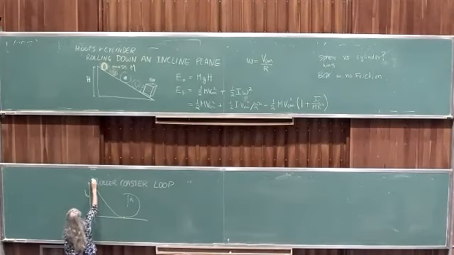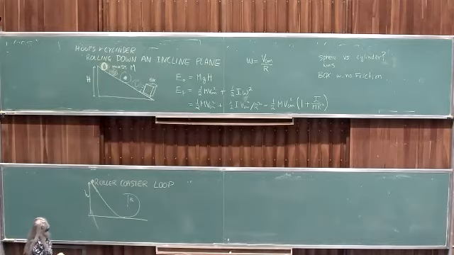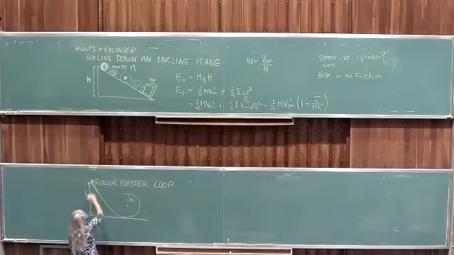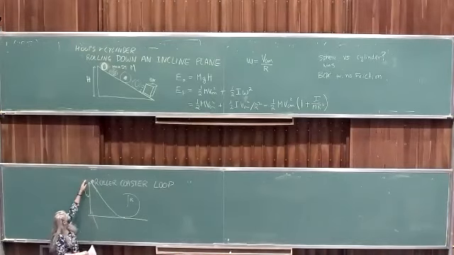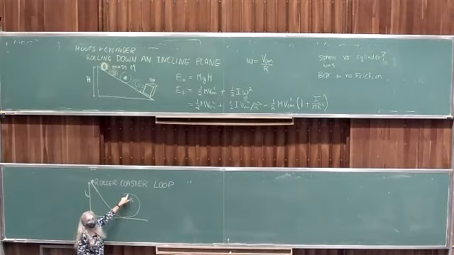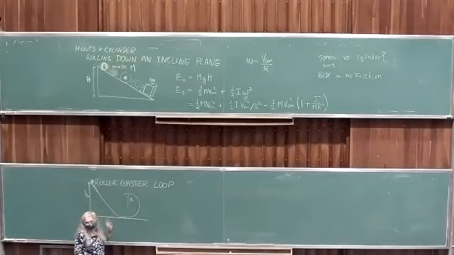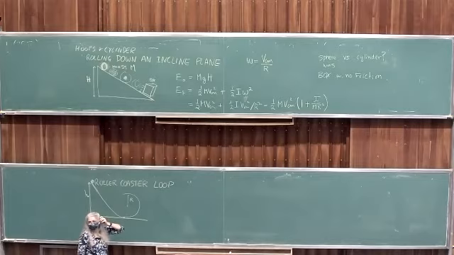And we start off with a ball up here, or a disc, could be either one. You let it roll down, and the question is, how high do you have to drop it? How high do you have to have the roller coaster so that it can reach the top? So the condition is the speed when it gets up here has to be large enough that the centrifugal force pushes it up against the top of the loop.